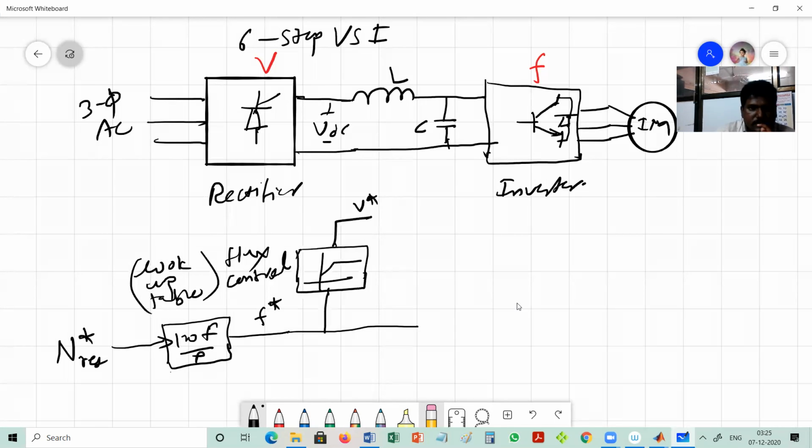So we have the value of V star, which should be there in the DC link. I will write VDC star instead of V star.